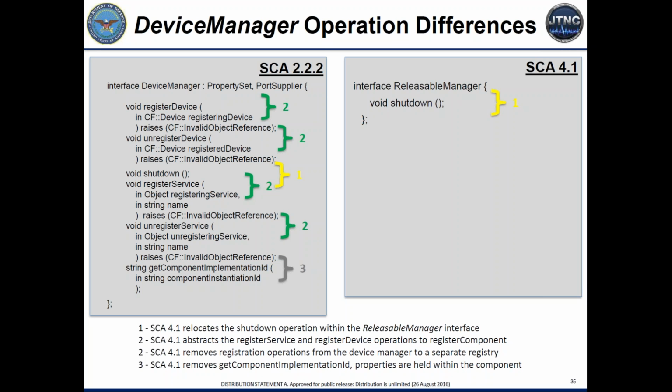There is equivalent information that exists within 4.1 in place of that operation, and that equivalent functionality is just a matter of some of the properties that were associated with a component type now being held within the component type structure, and those are passed back by the component or the device manager as part of the push model registration.